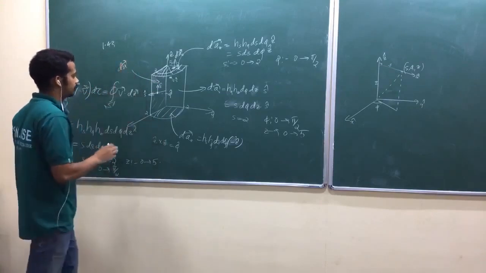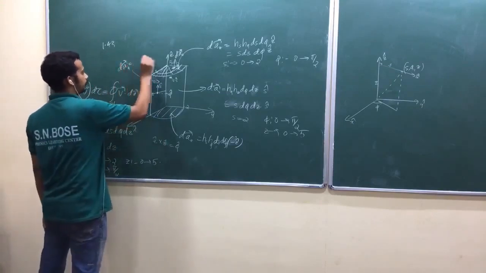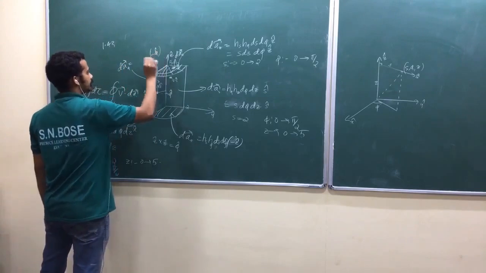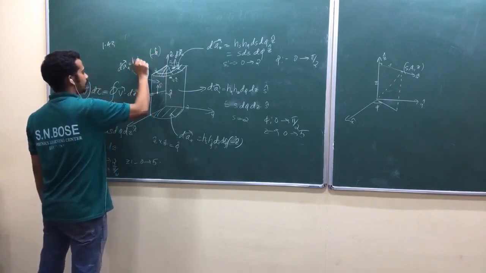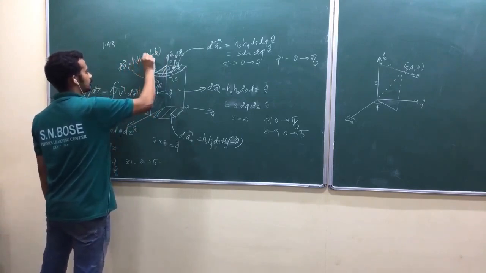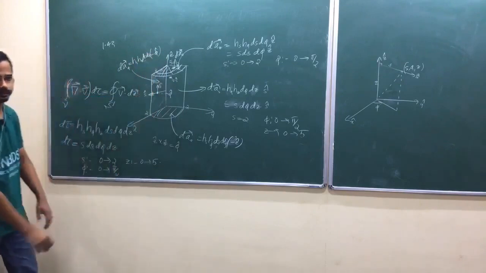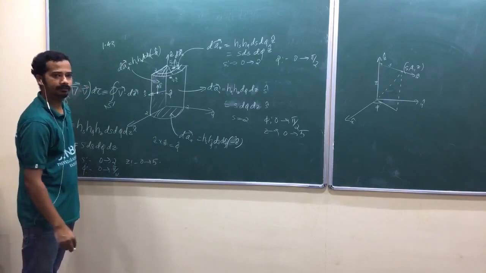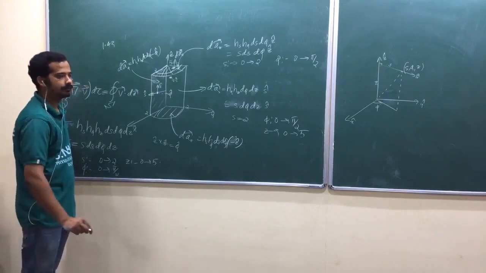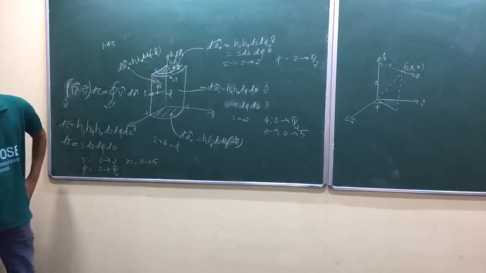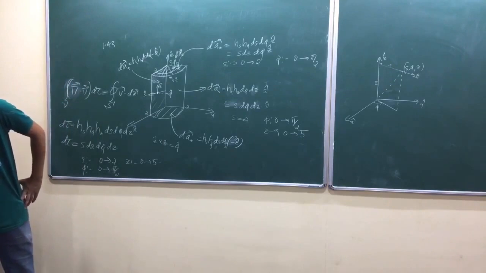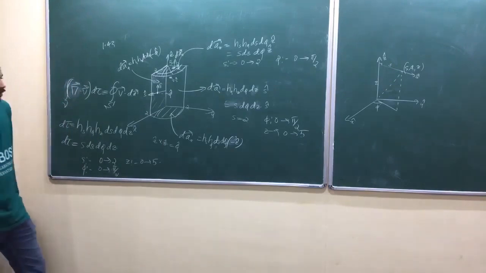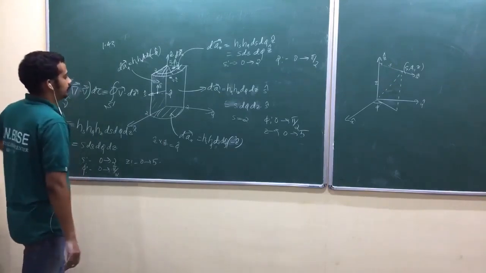dA, that's along minus phi cap, hs, hz, ds, dz.